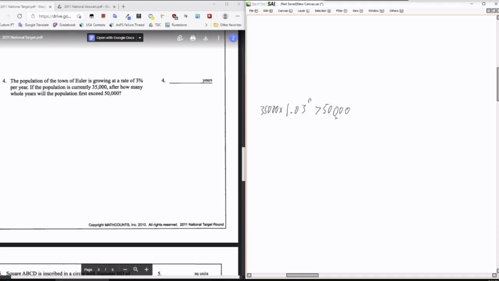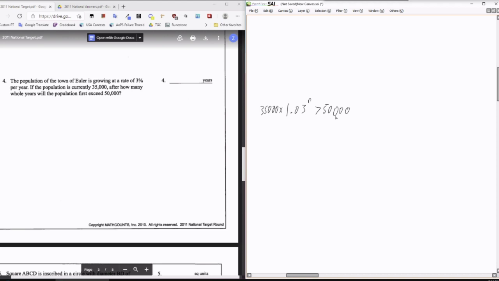That's saying every year you're multiplying the population by 1.03. So you can model your population as your initial population, 35,000 times 1.03 to the power of n, where n is the number of years. That's how many times you want to multiply 1.03.